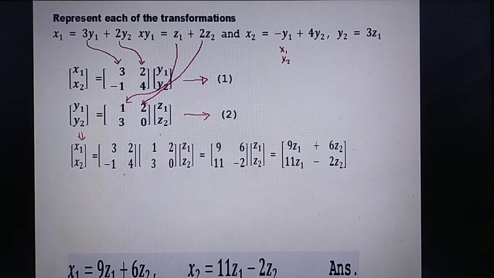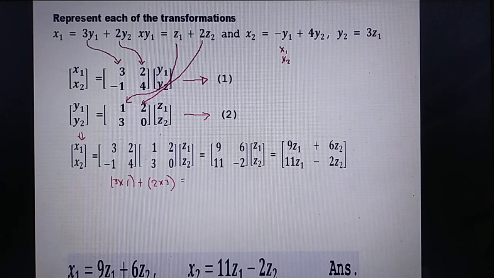So here is row multiplied by column. So this is 3 multiplied by 1 plus 2 multiplied by 3. That is our new element in A sub 11. That is 3 plus 6, that is 9.